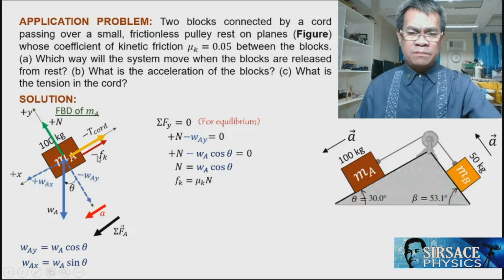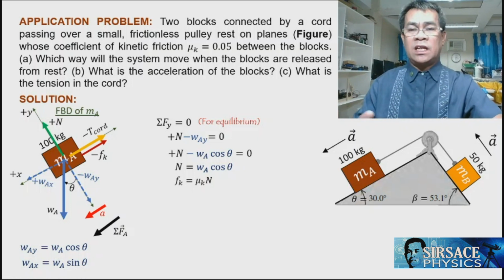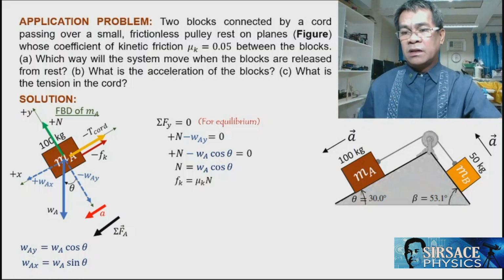There is friction. By definition, friction is the coefficient of friction multiplied by the normal. Since mu k is the coefficient of kinetic friction and N is the normal, multiplying the two will result in kinetic friction. There are two frictions, static and kinetic. This is kinetic because the particle is moving.